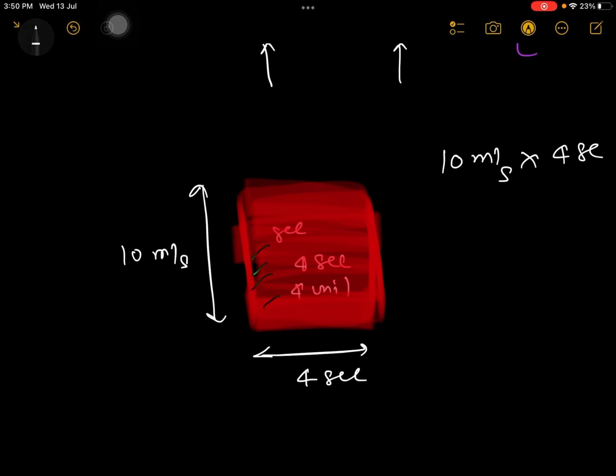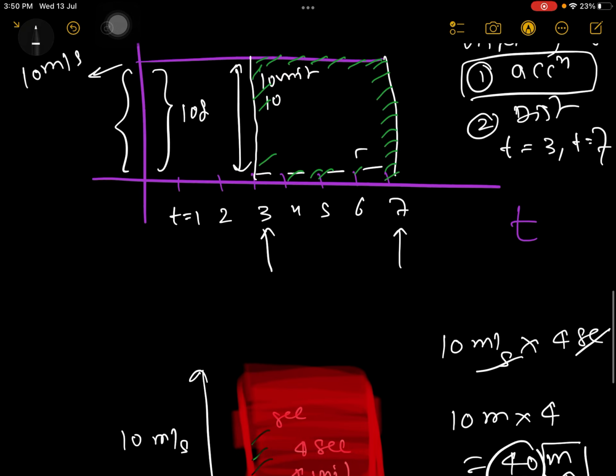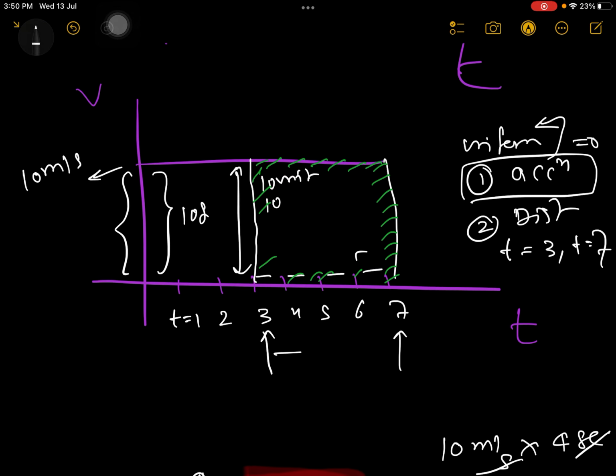So what will happen? Second will get cancelled. So 10 meter into 4, that is, I'm sorry, 40 meter. You can see we are remaining with meter. That's why when we calculate the area of a VT graph, we get meter. So that is 40. What is this 40? 40 is that distance which is traveled from 3 to 7.